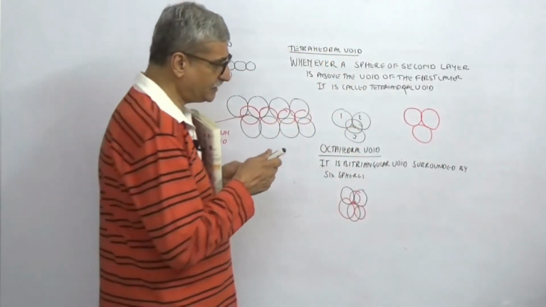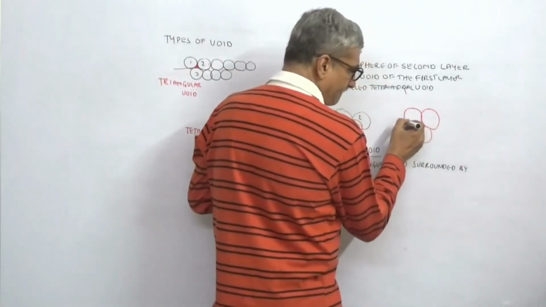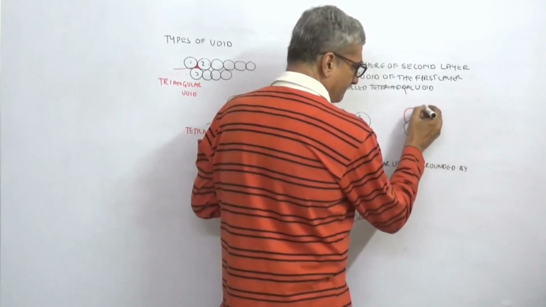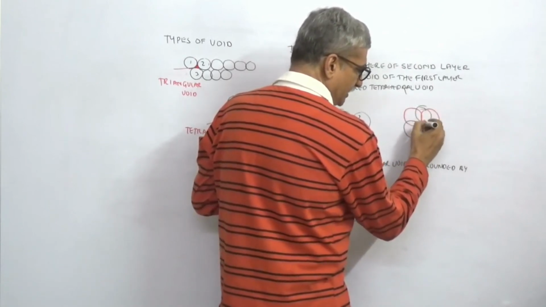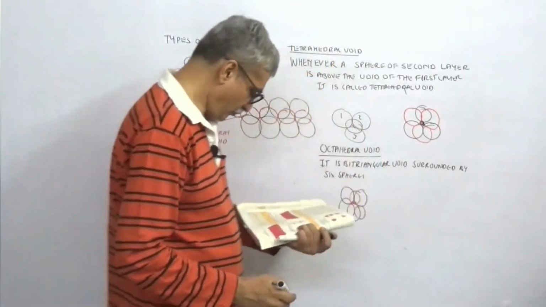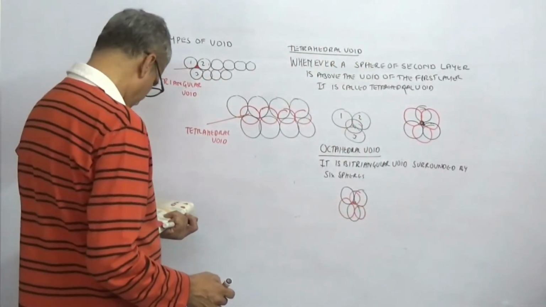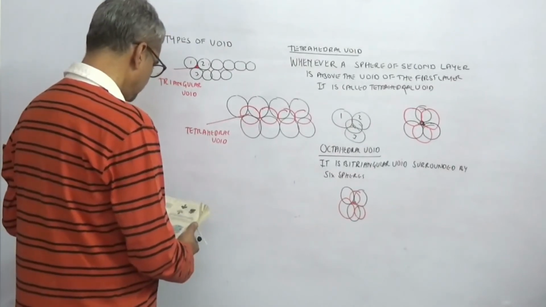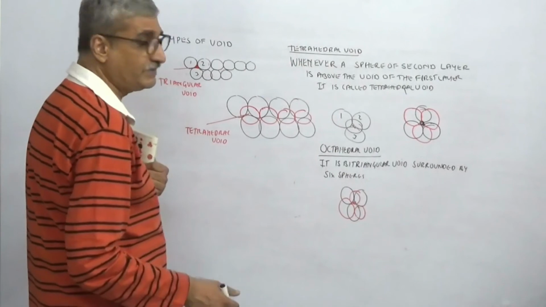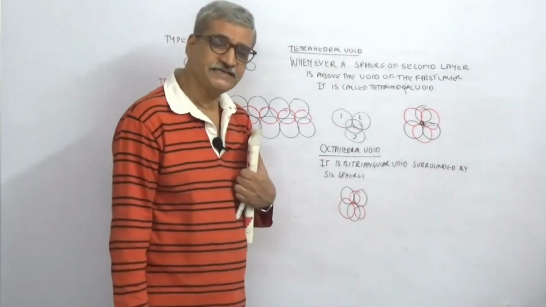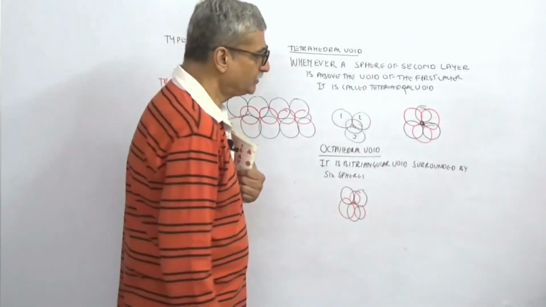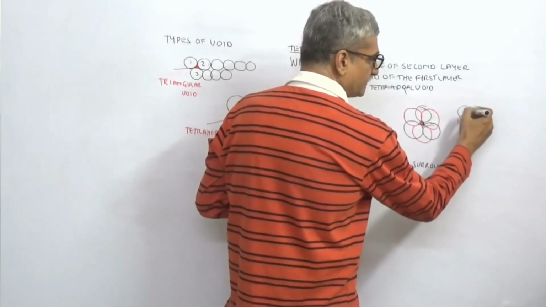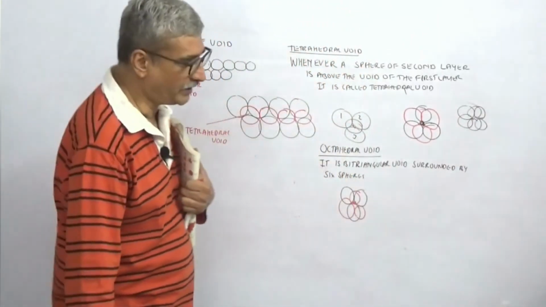Your second layer was like this. So this now will be an octahedral void. Is this clear? So what will be the coordination number? 6. So octahedral void will have 6 atoms surrounding it. Okay? तो ऐसा पहला एक डायरेक्शन में और दूसरा दूसरा डायरेक्शन में. So it will be an octahedral void.